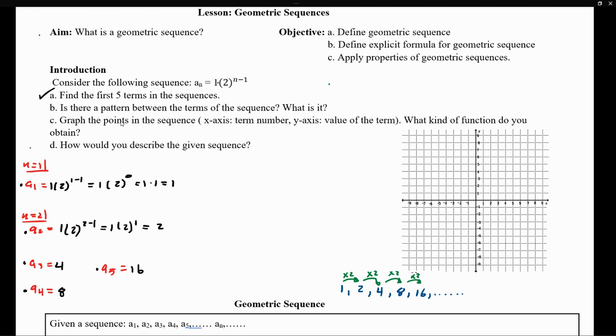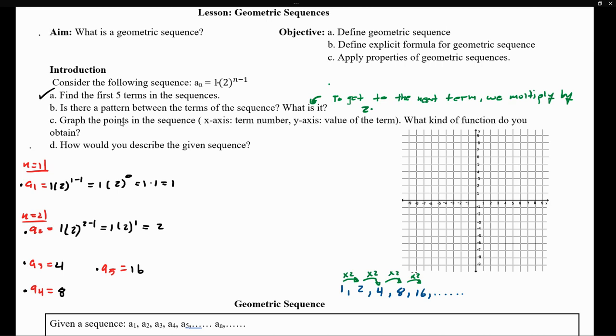So notice there seems to be a pattern between the values of the terms in the sequence, and that pattern is that to get to the next term, all we did was multiply by a value of 2. That seems to be the pattern we got by just looking at the values of the terms in this sequence.